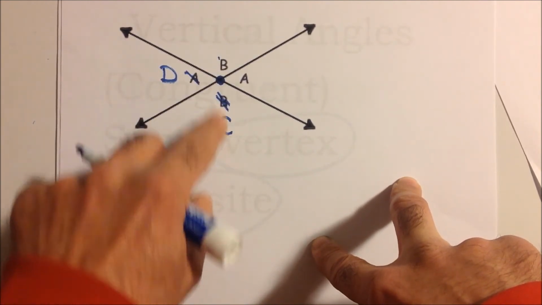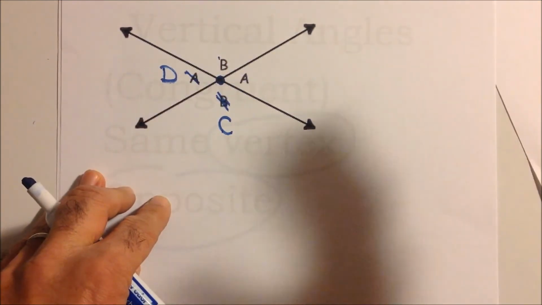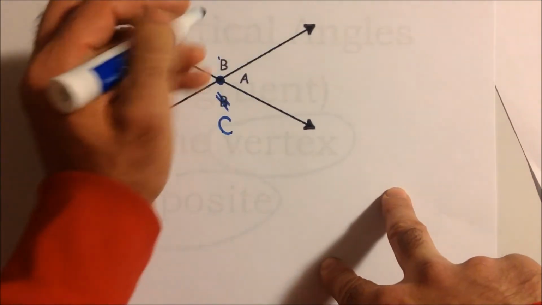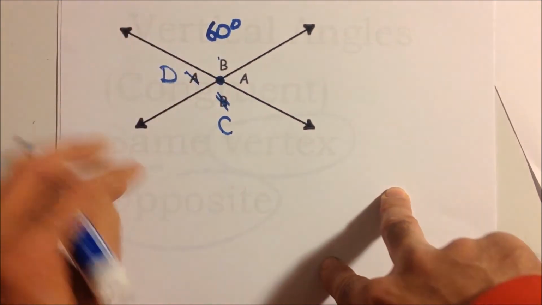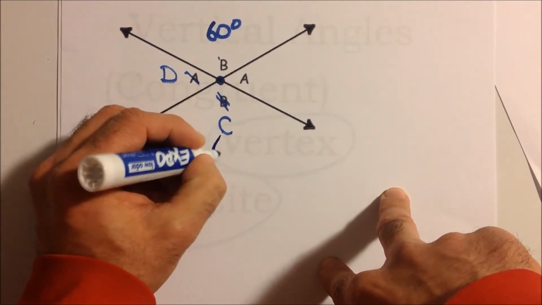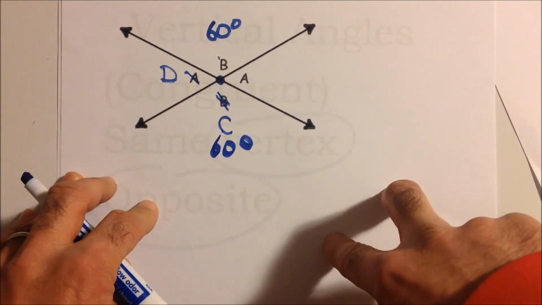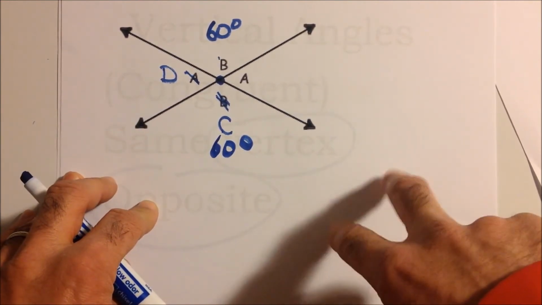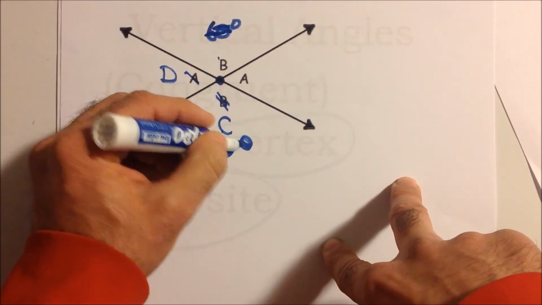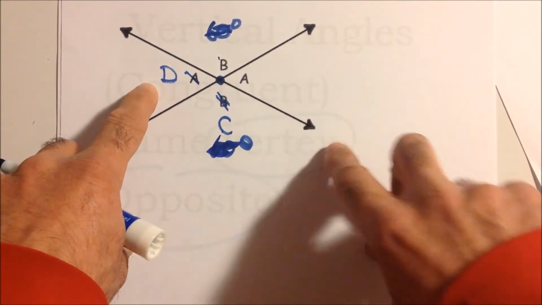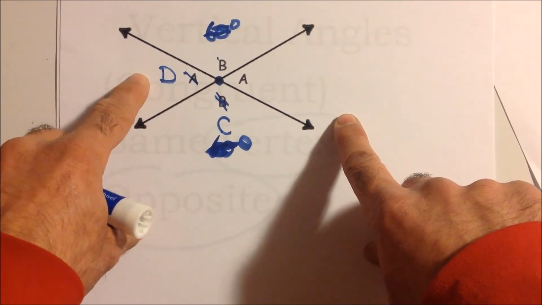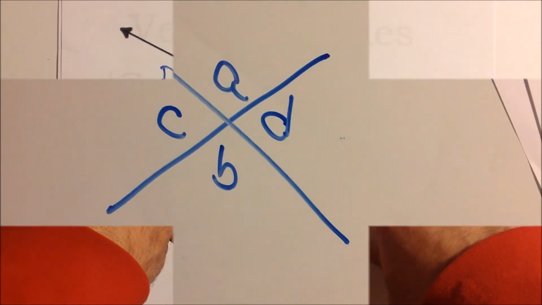And remember, vertical angles are congruent. They equal each other. So if angle B was 60 degrees, well then angle C has to be 60 degrees. Right? And let's look at angle A now. Angle A and angle D are also vertical angles. They're opposite each other, and they share a vertex.